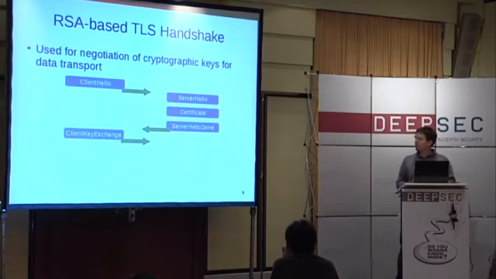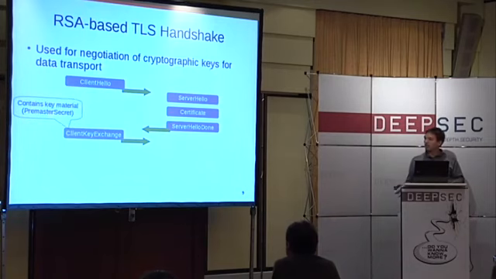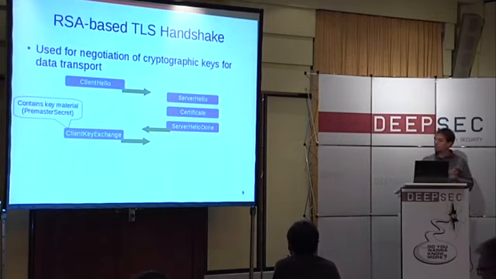Based on the public key in the certificate, the client can encrypt a pre-master secret for the server. So the client encrypts with the server's public key the pre-master secret, and sends it to the server.